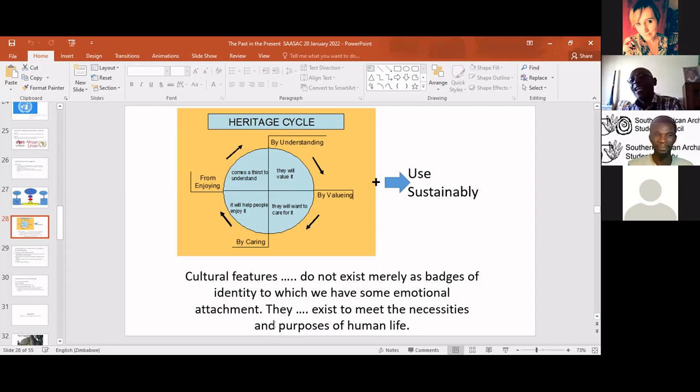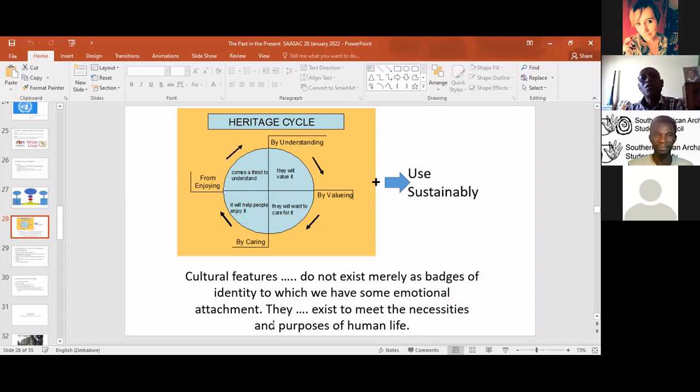Our economies are depressed, and as a result, the opportunities for archaeologists and many other disciplines are not there. So that is my take on why people have the impression that there are not so many opportunities for archaeology.